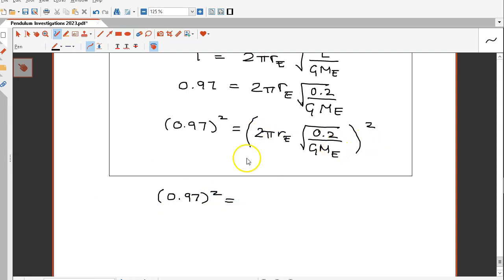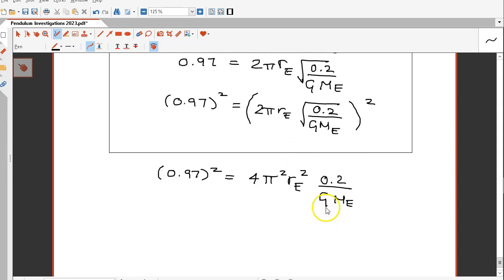Now if we square this, the result will be this. 2 times 2 is 4. Pi times pi is pi squared. Re times Re is Re squared. And then if you take the square of the square root, you just get what's inside the square root.